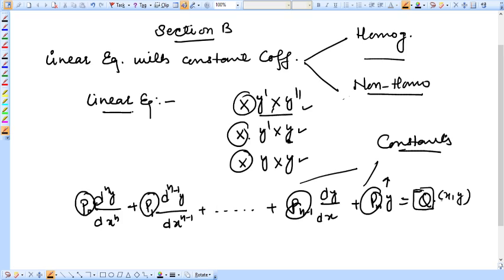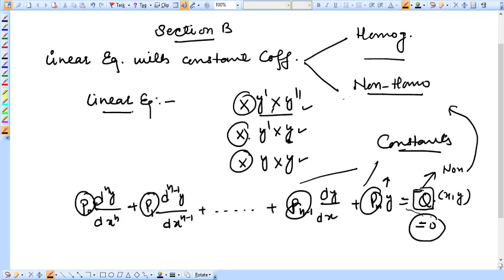If it is non-zero, then the equation is called a non-homogeneous linear equation with constant coefficients. And if it is equal to 0, then this equation is a homogeneous linear equation with constant coefficients. I hope you get it.